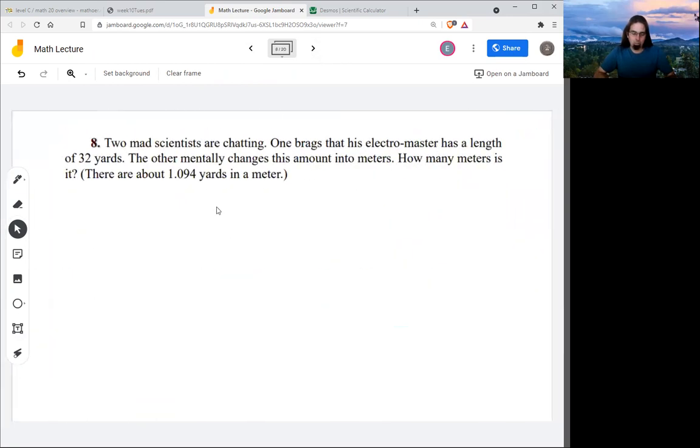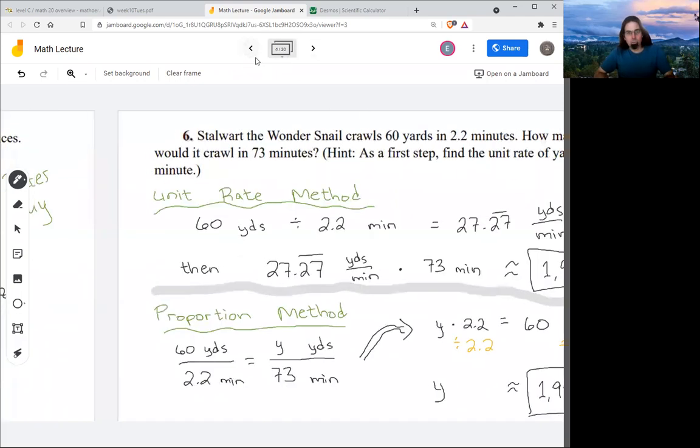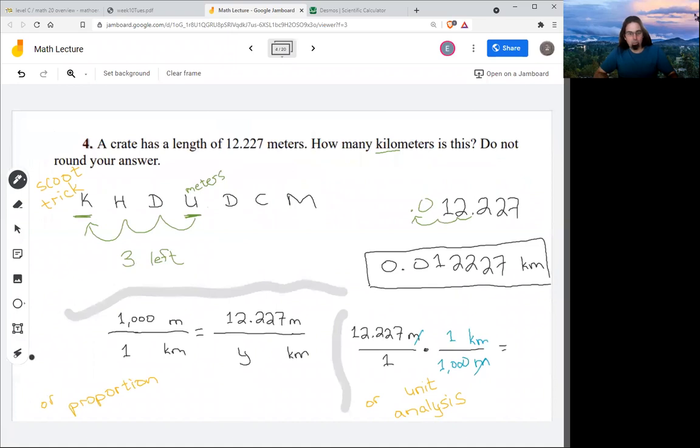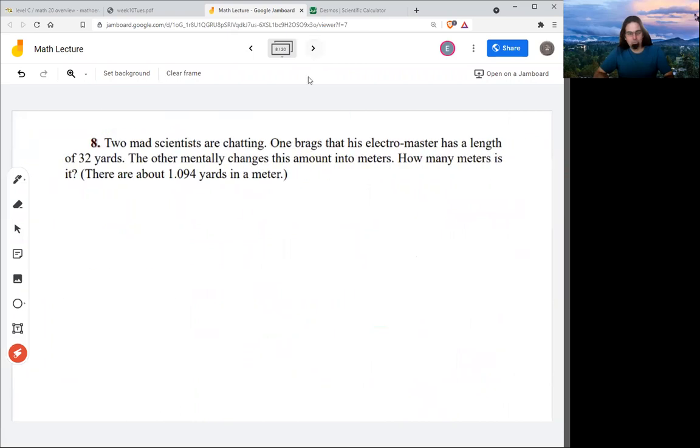This one, we're going out of the metric system, out of the SI system to have yards. So that first method doesn't work. We have to either do it the proportion way or the unit analysis way, because that one only works if we stay in metric. Let's do it both.